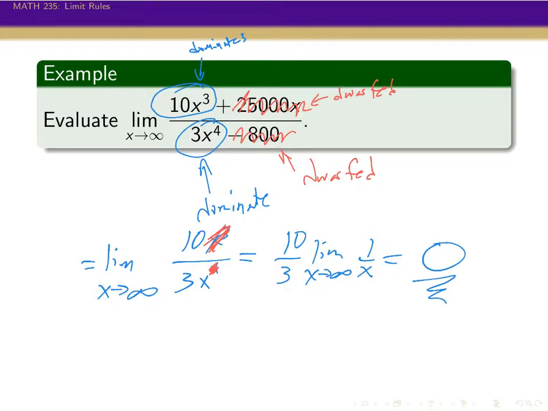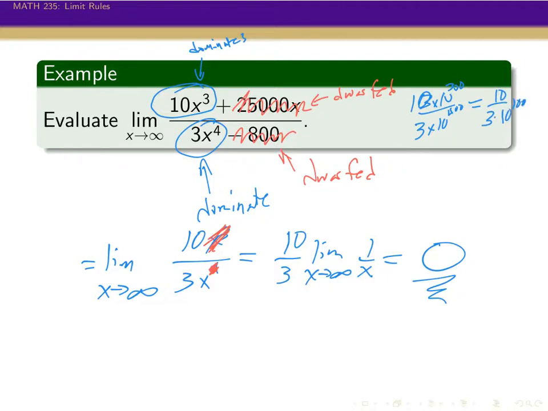So when you divide 10 times 10 to the 300 by 3 times 10 to the 400, well, this is going to be 10 thirds, but then you still have 10 to the 100 on the bottom.